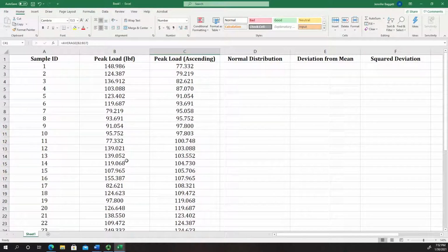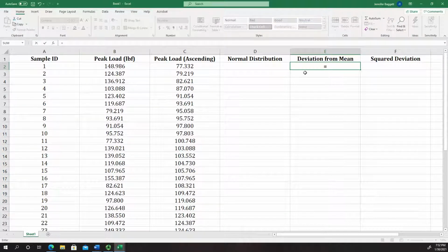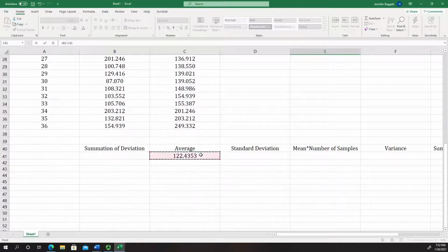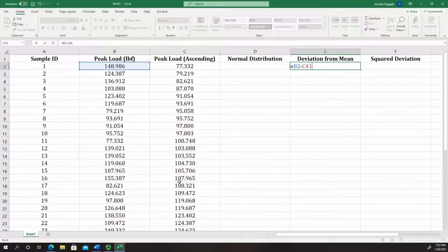So once we have our average value, we can then calculate the two columns in the table that's in our lab handout. So for our deviation from mean, we have each of those values minus the mean that we have. So in this case, we can do equal to our first value for our load minus our calculated average value.